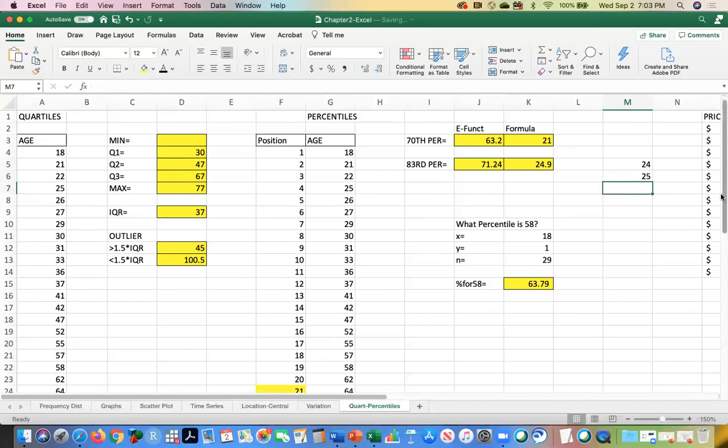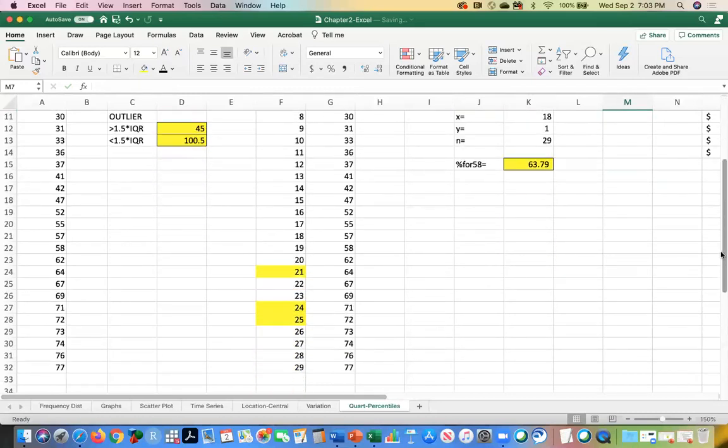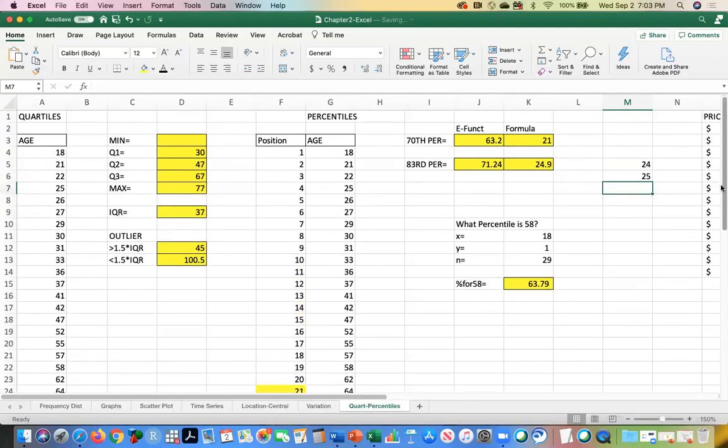So the number that I am going to use is going to fall between 24 and 25. So here is going to be my 83rd percentile. So that's what this formula is telling me. So once again, Excel gives you a more accurate value for percentiles, right?